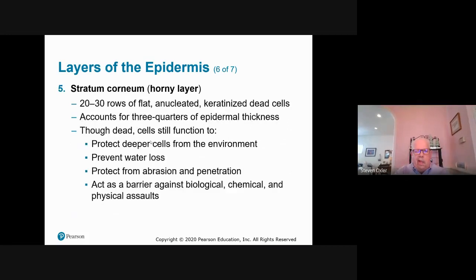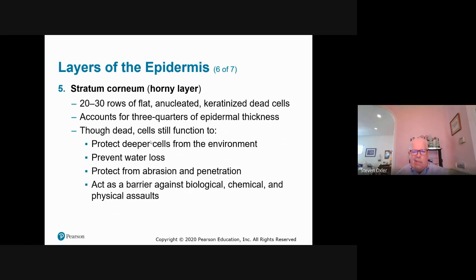The 5th layer is known as the corneum, which is the horny layer. There are 20 to 30 rows of flat, dead, keratinized cells. Even though these cells are dead, they protect the deeper cells.